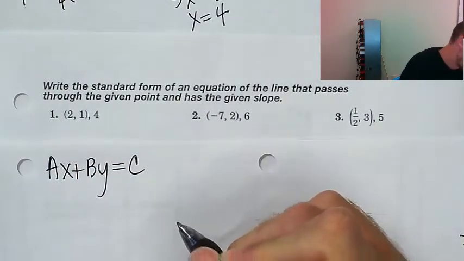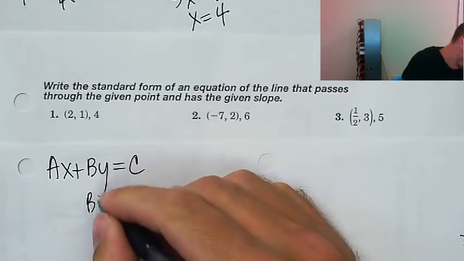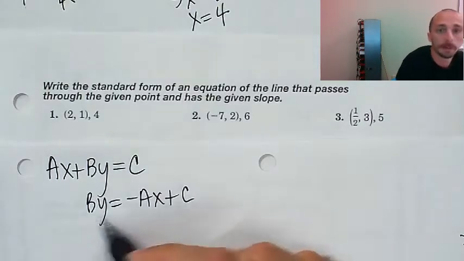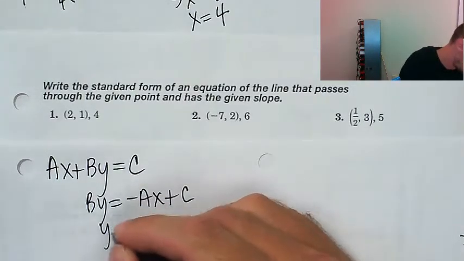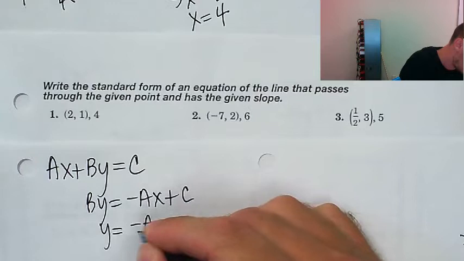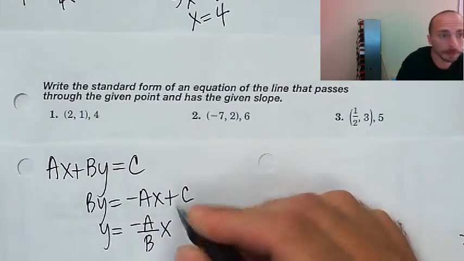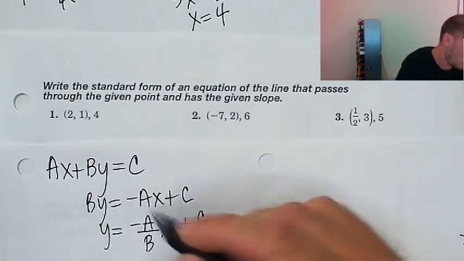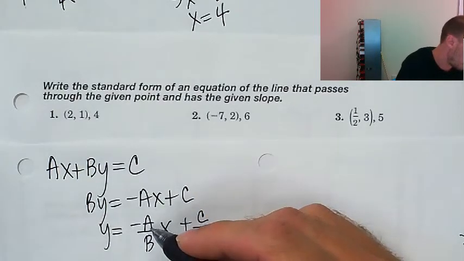The slope, if I solve for y, it's by equals -ax plus c. And then I would divide both sides by b. We've done this a few times already, a lot of times throughout the unit. I got to divide everything by b. And I can see that the slope of this is going to be -a over b.